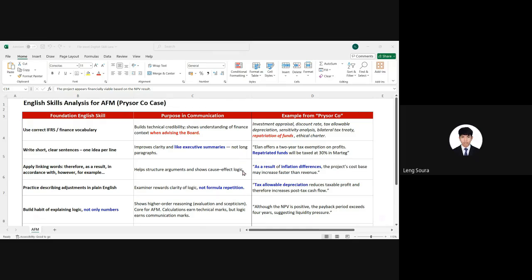For the repatriation, I don't understand your question clearly, but I think you refer to the shareholder who invests in another country and withdraws their dividend after the financial year closing. Yes, that's the reason why we have the second example below. You see? It offers a 2 year tax exemption on the profits, and tax exemption, right?